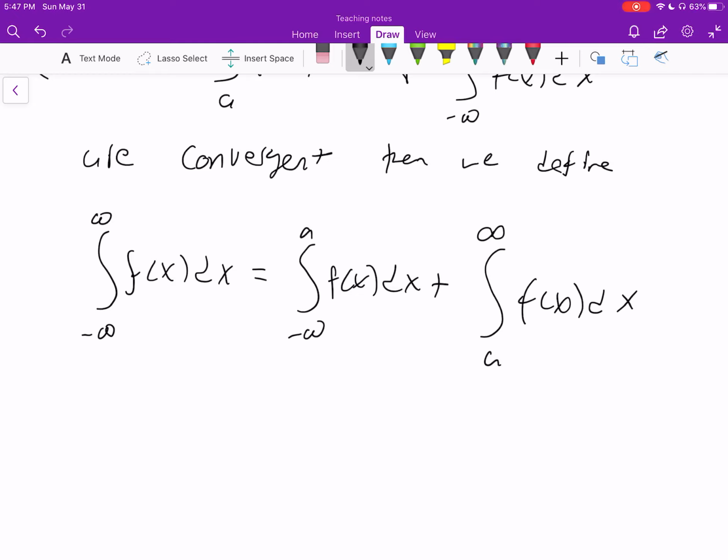So what you should know with this is the first two make sense. With the third one, you want to be careful. This is the definition we're going to take. What you don't want to do is replace those infinities with a negative t and a positive t, and then take the limit. That's something completely different.